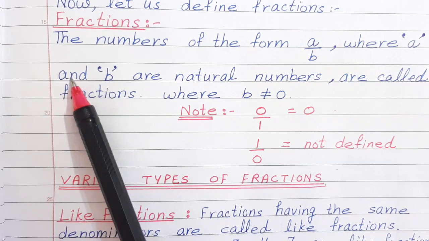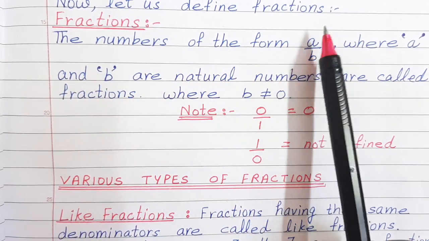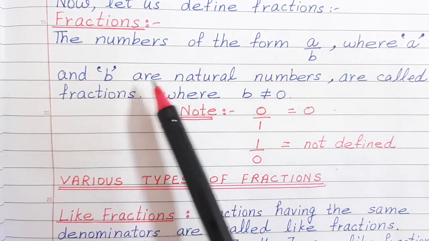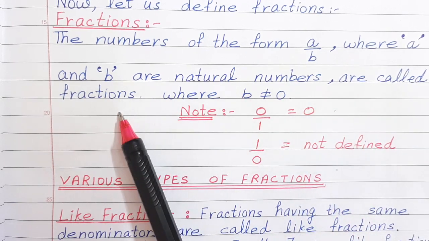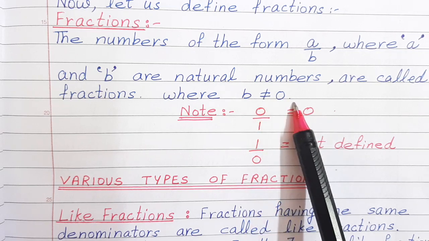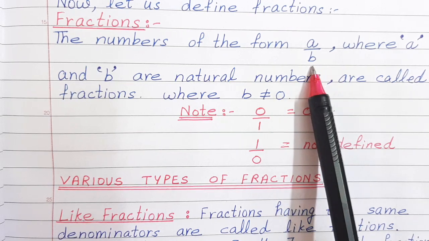So what is a fraction? The numbers of the form a upon b, where a and b are natural numbers, are called fractions, where b is not equal to 0. Children, always remember the denominator cannot be 0, right?